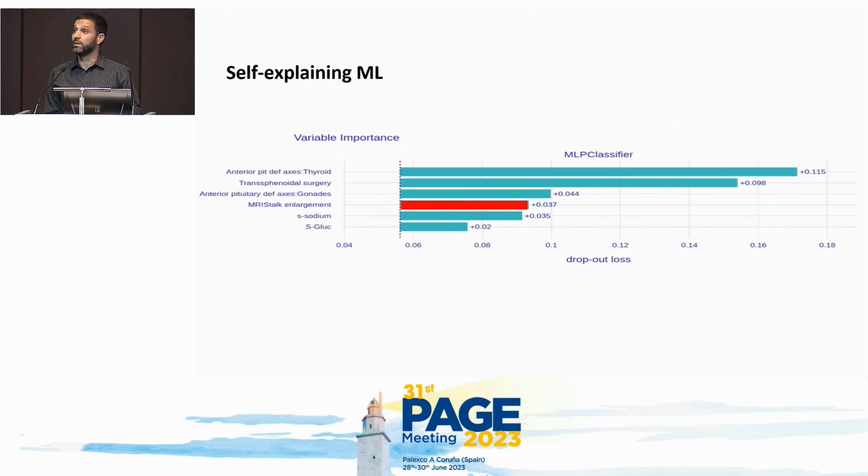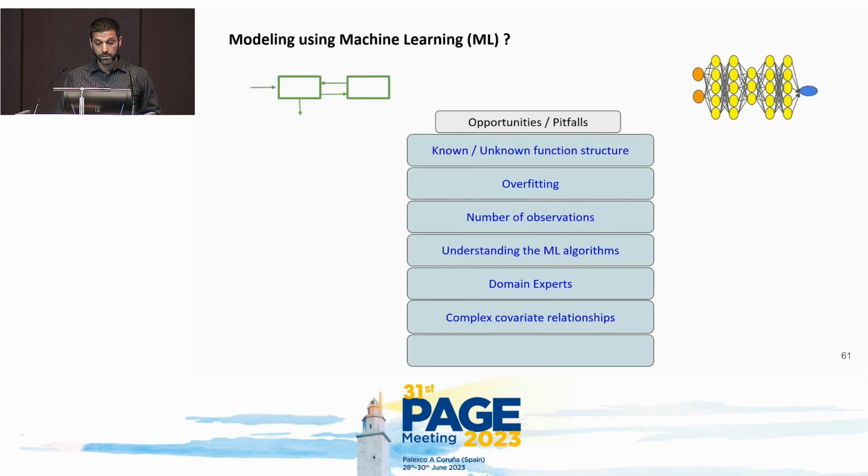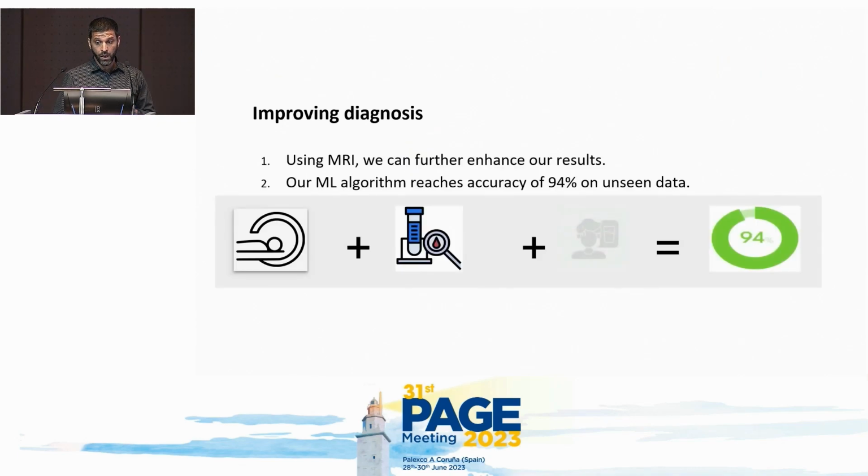So I'm adding it into our machine learning algorithm. And this is only thanks to the complex covariate relationships that the machine learning is able to handle. Nadia will talk about this again afterwards. So with that, using MRI, we can further enhance our result. Our machine learning algorithm reaches an accuracy of 94% on unseen data. And this is really nice.